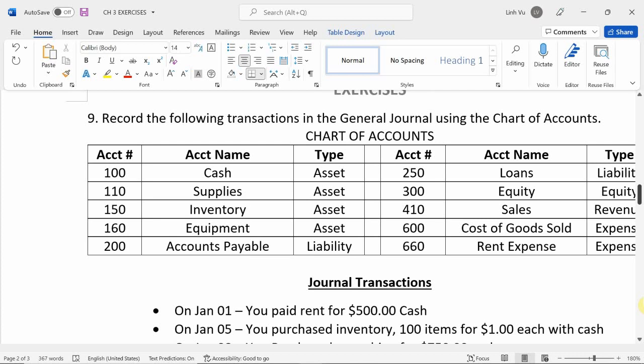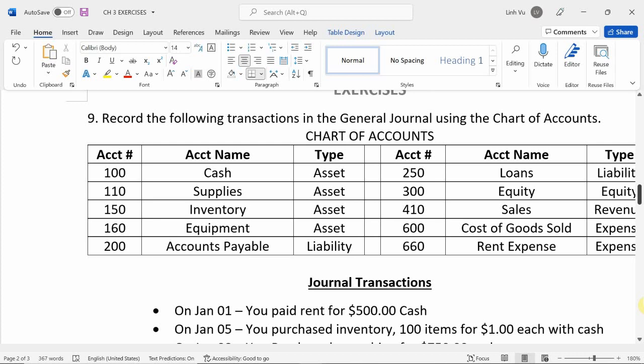Okay, so how did I pay for these items? Cash. I paid cash. In this case, I'm affecting my cash account and I'm going to be affecting my inventory account, okay? So, now that we determined that, we use the chart of accounts and we use the debit credit system. So, in this case, how am I going to be affecting my items?